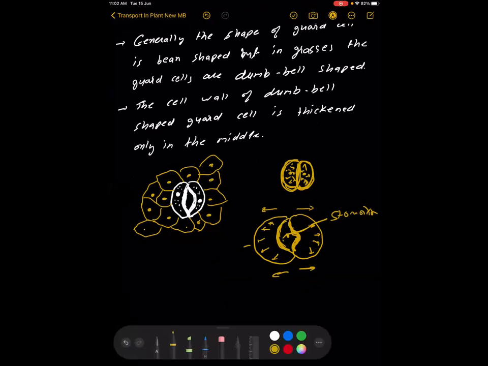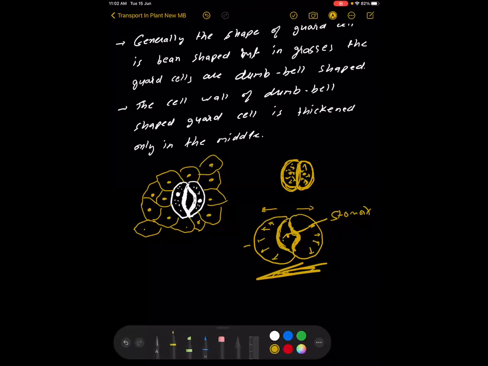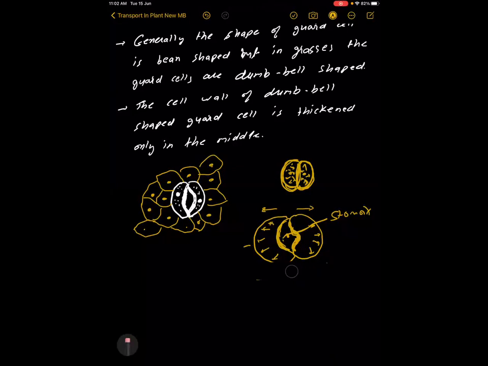And there is a mechanism to explain this method of closing and opening of stomata. Fine.